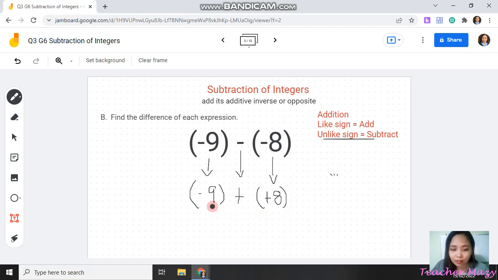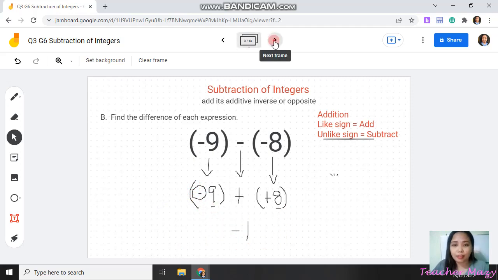So that is 9 minus 8, which is equal to 1. And then observe which absolute value is bigger. We have 9 and 8. 9 is bigger, so the sign of the sum is negative.